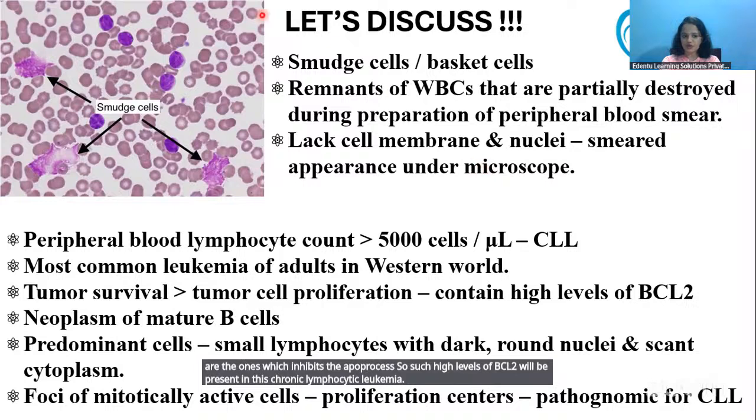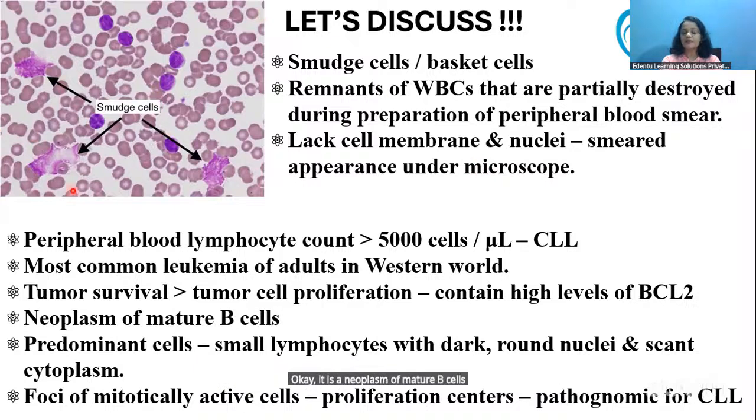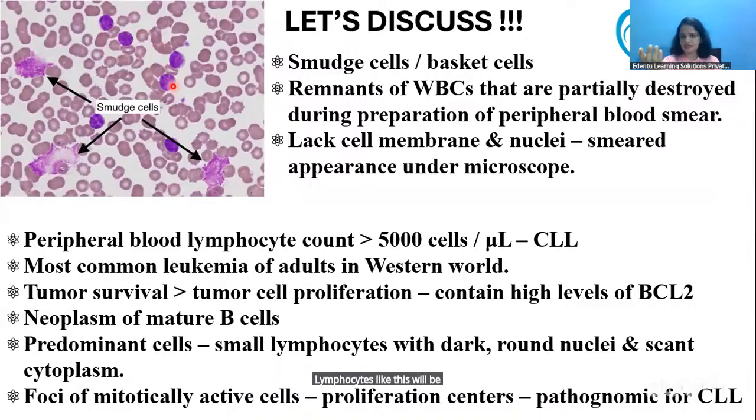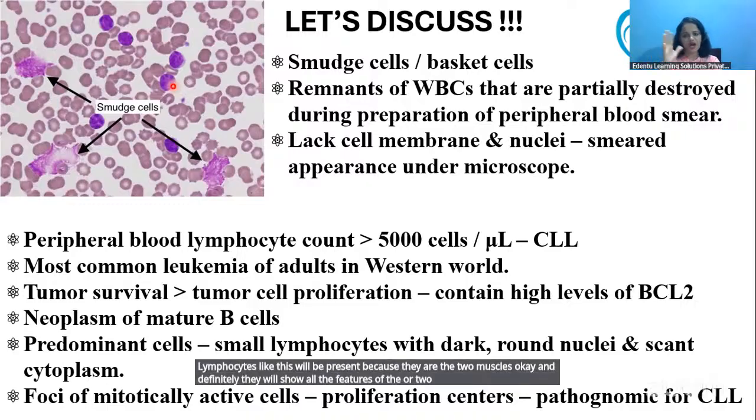It is a neoplasm of mature B cells, and if you look at the peripheral blood smear, you will see lots of small lymphocytes like this, with very dark round nuclei and scant cytoplasm. Lots of lymphocytes like this will be present because they are the tumor cells, and they will show all the typical features of tumor cells. In between these lymphocytes, you will see smudge cells, and proliferation centers will also be seen.